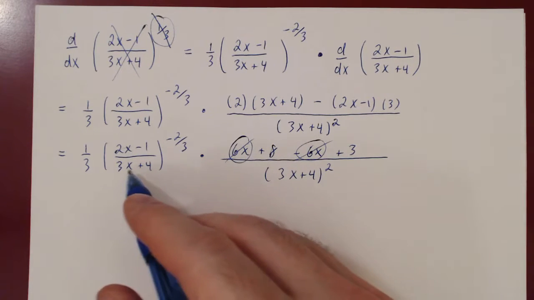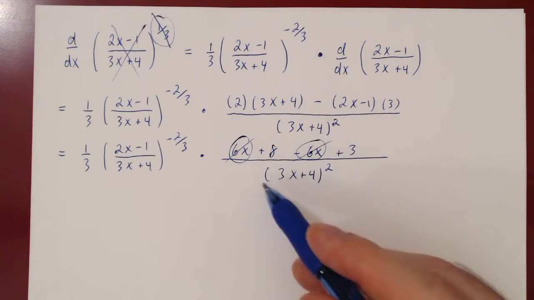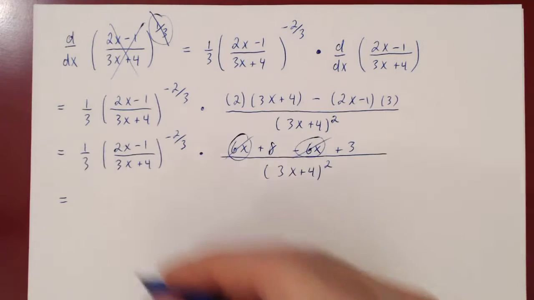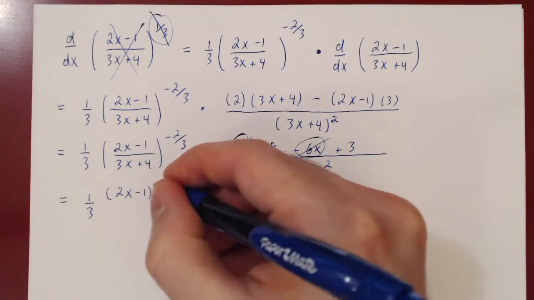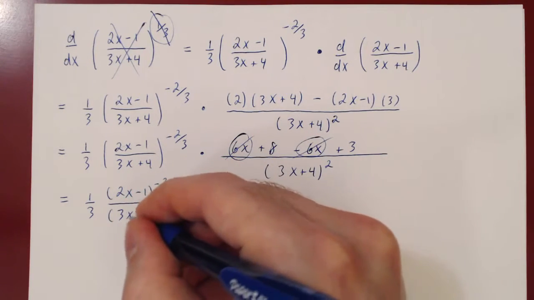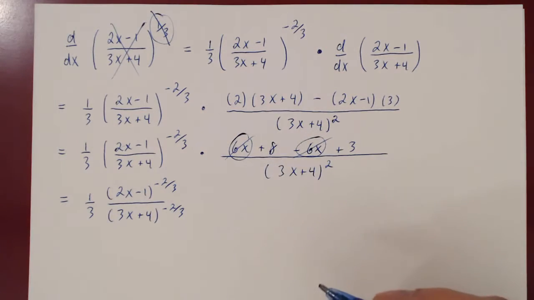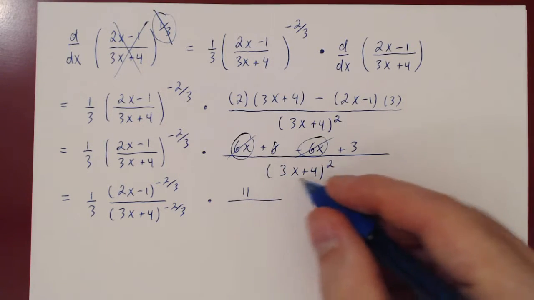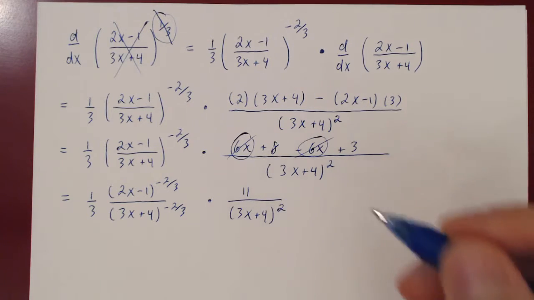And if you notice here, there's another term of 3x plus 4, and let's split those two up, and then we'll regroup similar terms. So what does that give us? Well, 1/3 (2x minus 1) to the negative 2/3, (3x plus 4) to the negative 2/3, times 11 over (3x plus 4) squared.